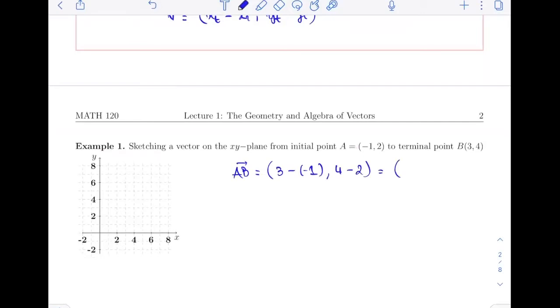Now you have a vector of the form (4, 2). So this is the vector AB equal to (4, 2).